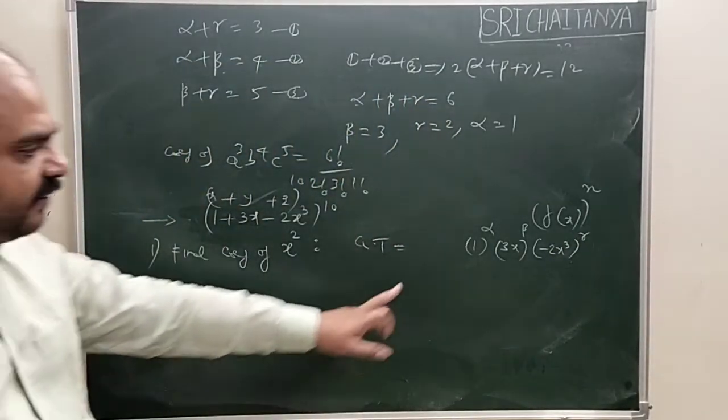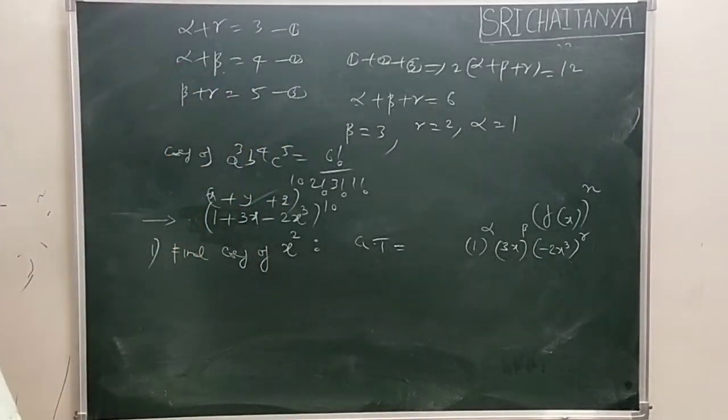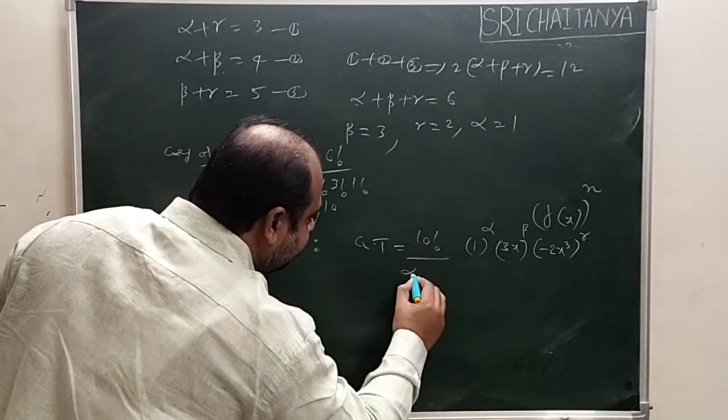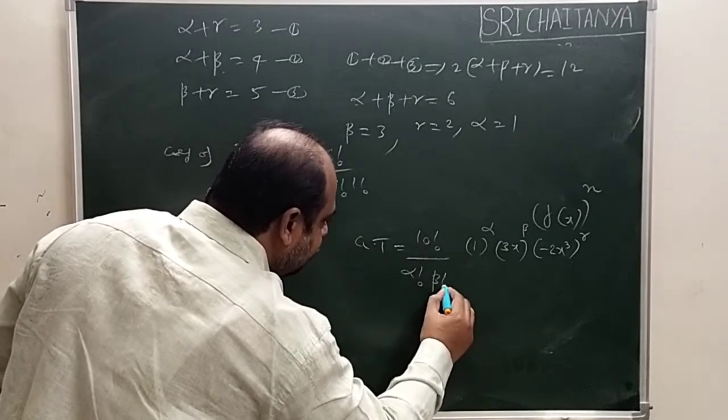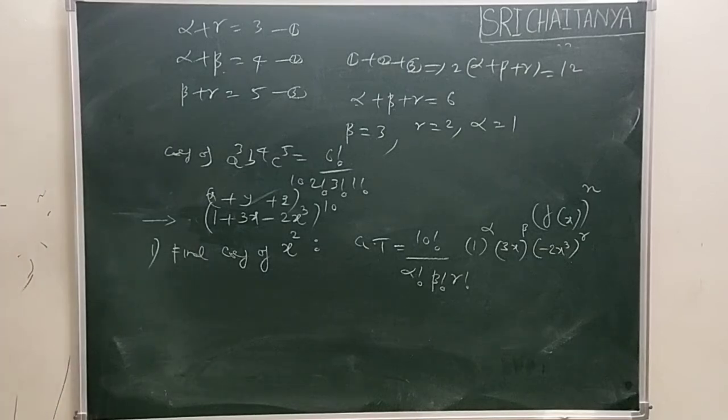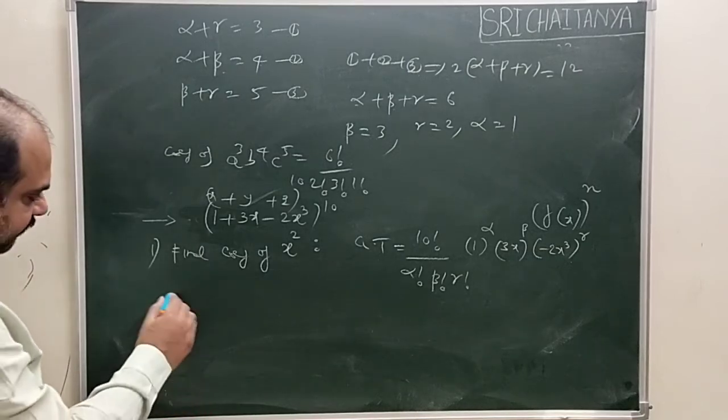Just write x power alpha, y power beta, z to the power gamma. Before that you write 10 factorial divided by alpha factorial into beta factorial into gamma factorial. This is the general term. Simplify this.